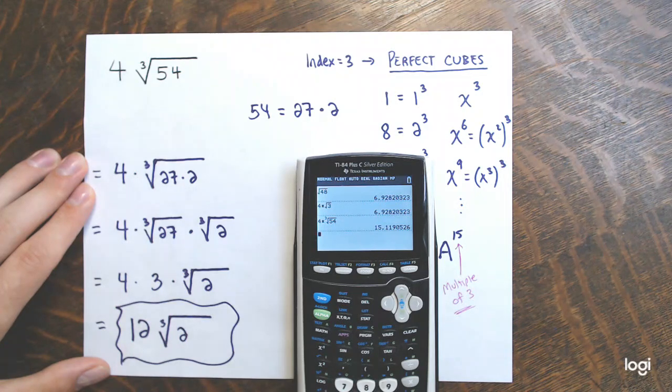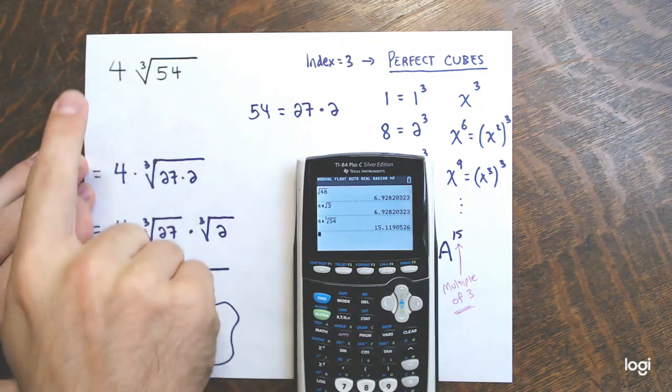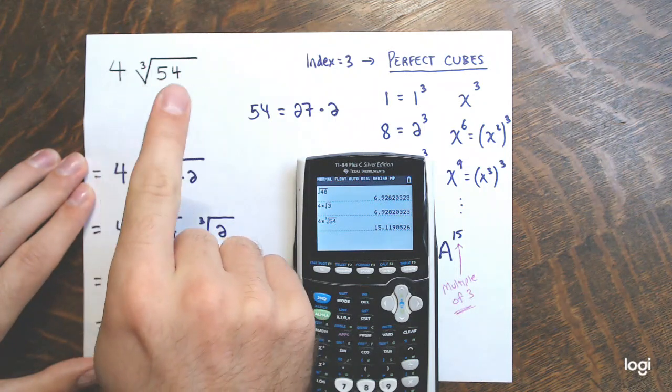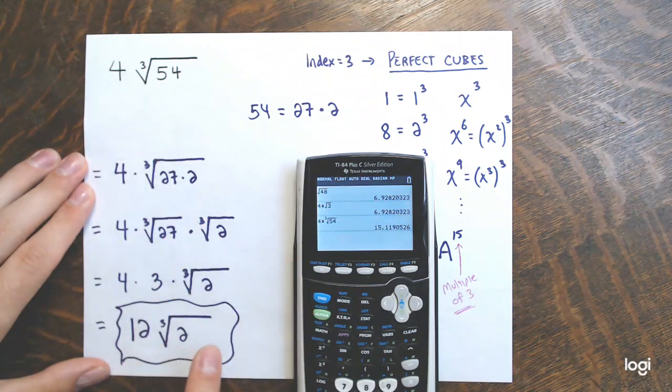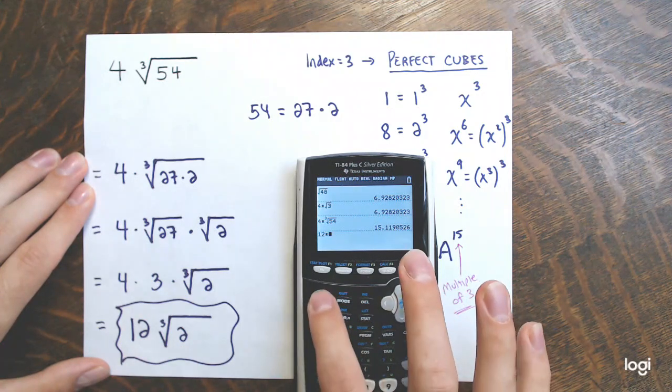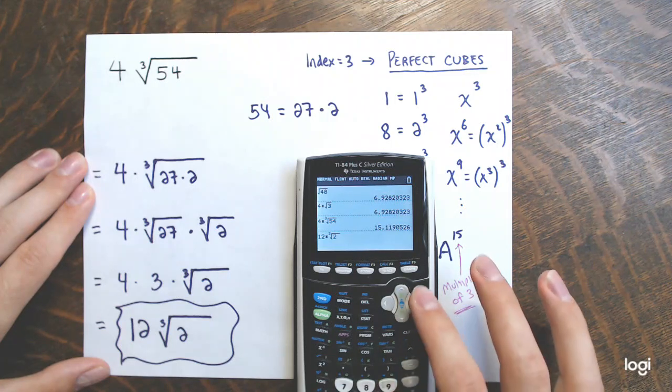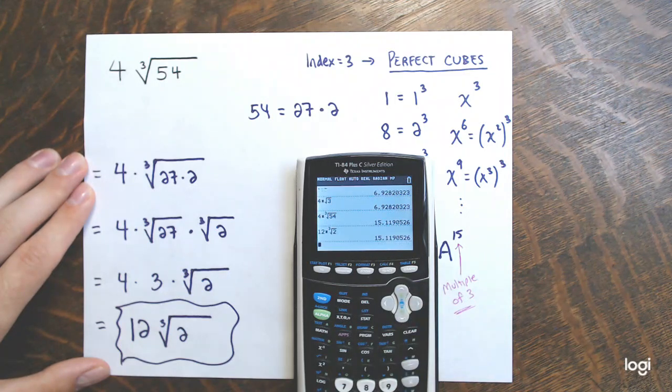So 15 point something. And hopefully if I did everything right, and I'm pretty sure I did, the value of this expression up here is exactly the same as the value of this expression here, 12 times the cube root of 2. And look at this, right? 15.1190526 and so on. They are indeed the same number. Great.